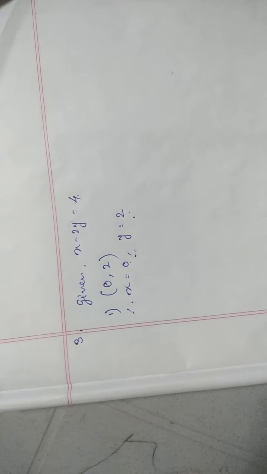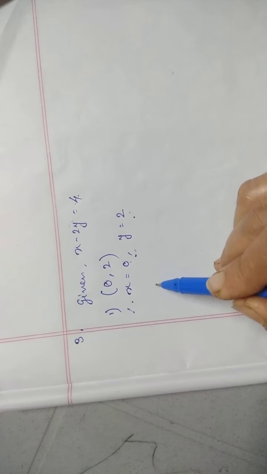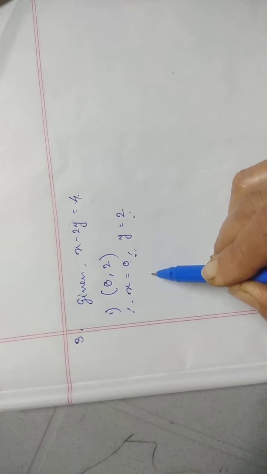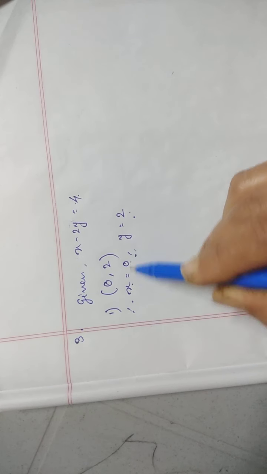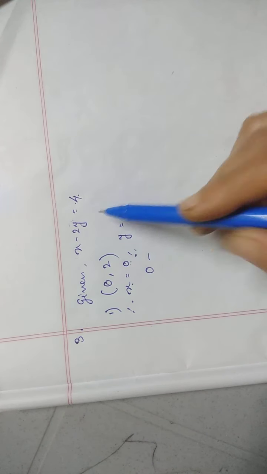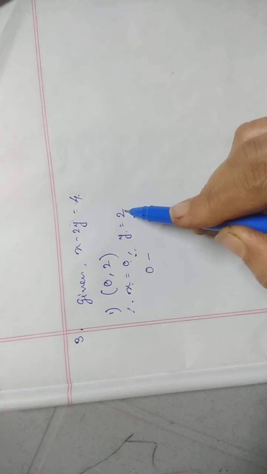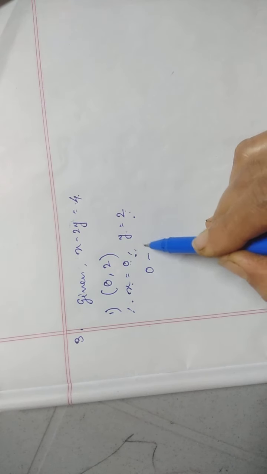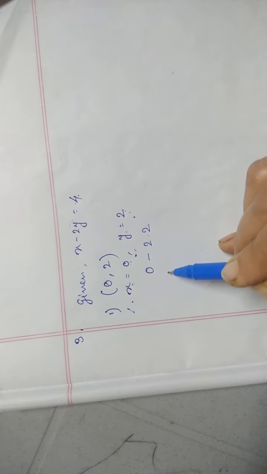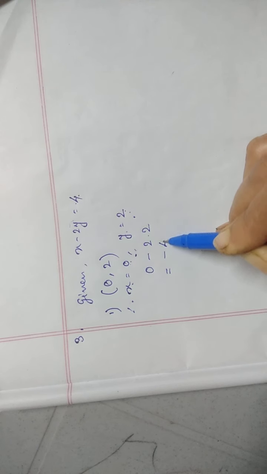Okay, so first, what is the value of x? It is 0 minus the value of y is 2. So 2 into 2, that is equal to minus 4.